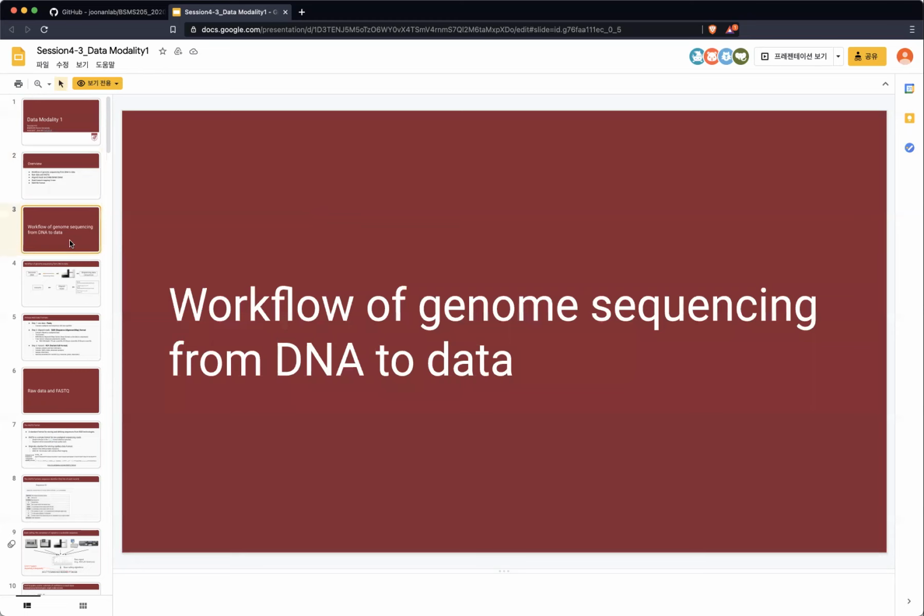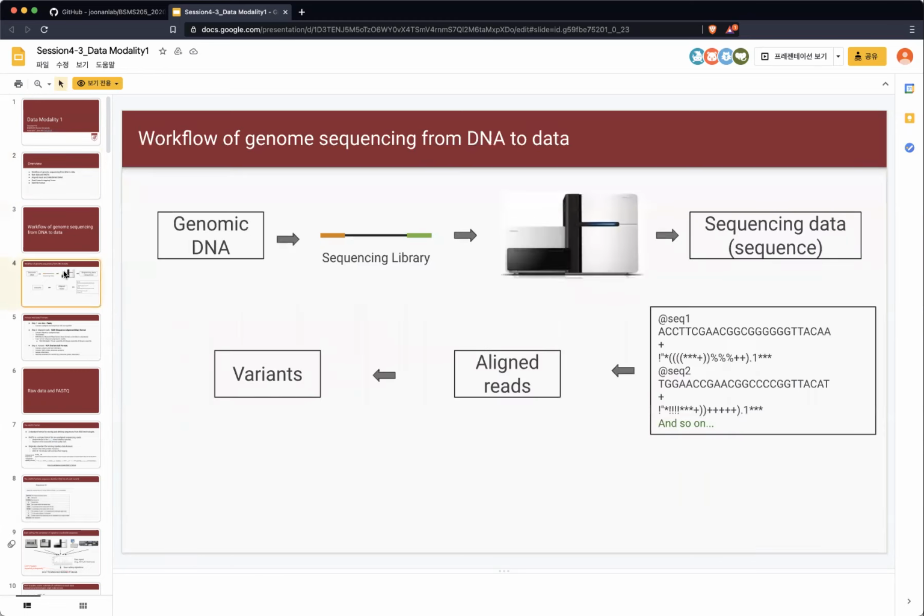Okay, the process of generating the genome sequencing data. As I mentioned, we collect DNA samples from patients or mice, or sometimes, if you do experiments with flies, fish, or frogs, you get the DNA from those biological organisms, right? Once you get the DNA, you make a library out of these DNA samples, and put it into a sequencing library.